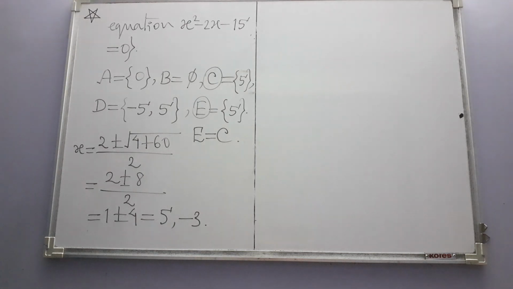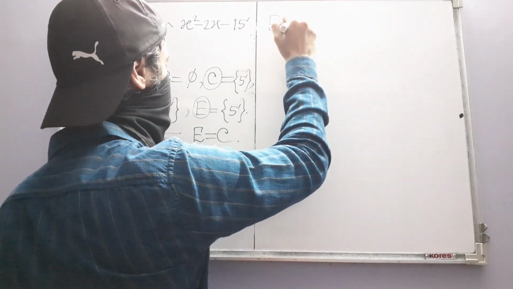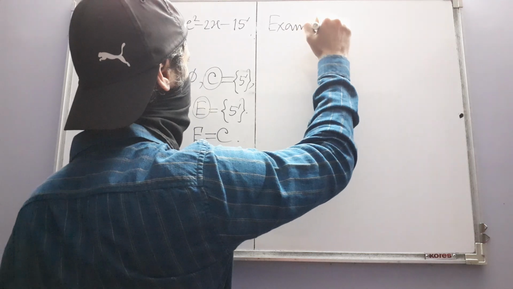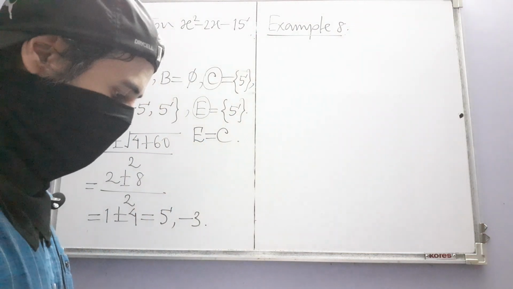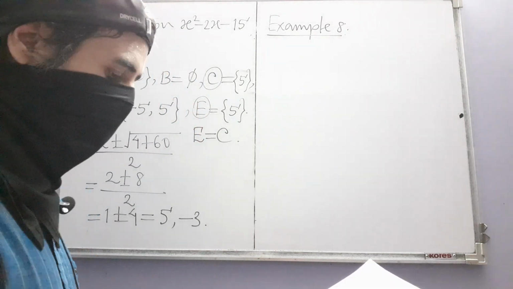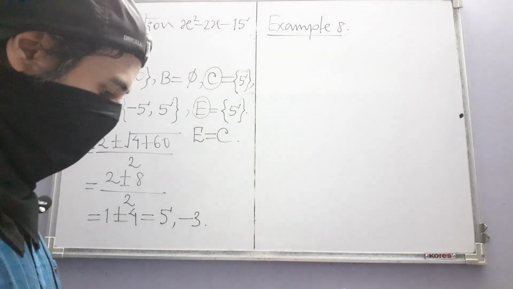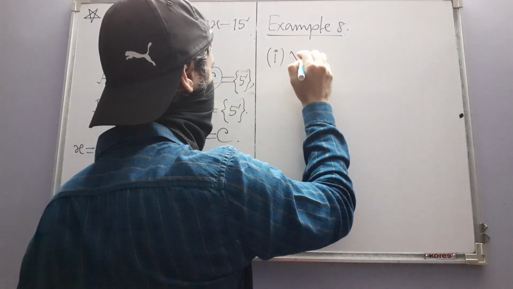And finally, we have another example. Example 8. In this example, pairs of sets are given and we have to see whether they are equal. The first pair has these two sets.